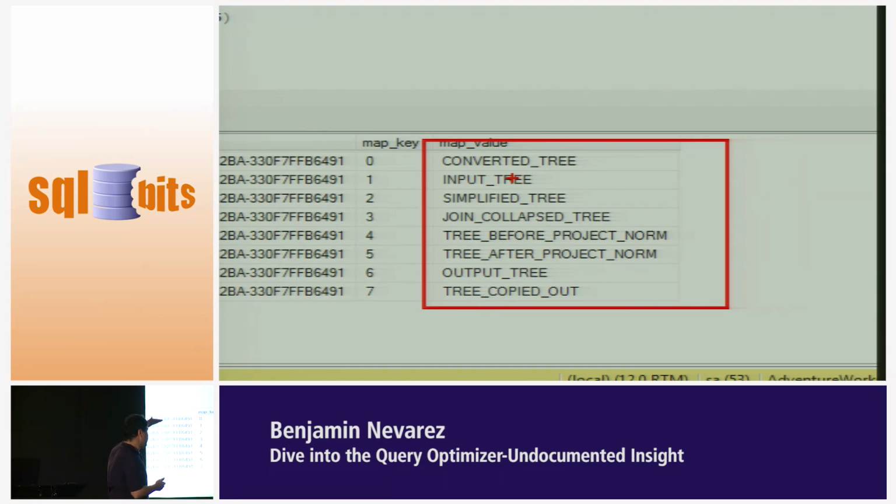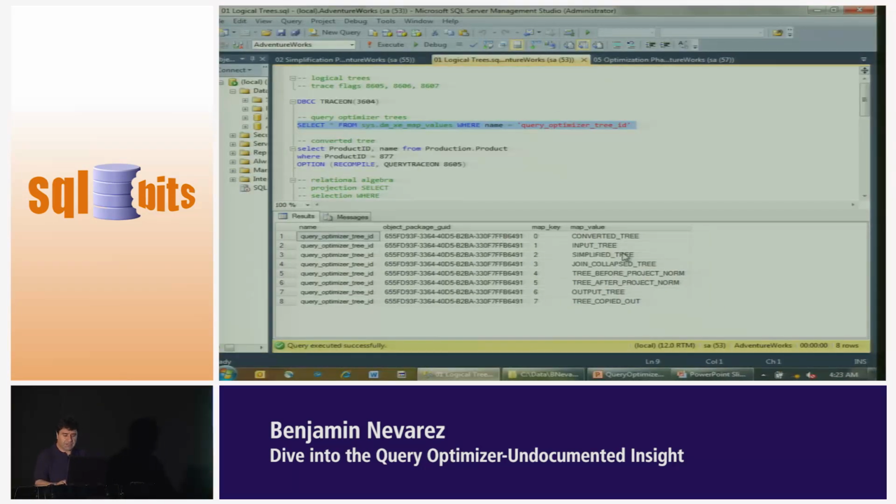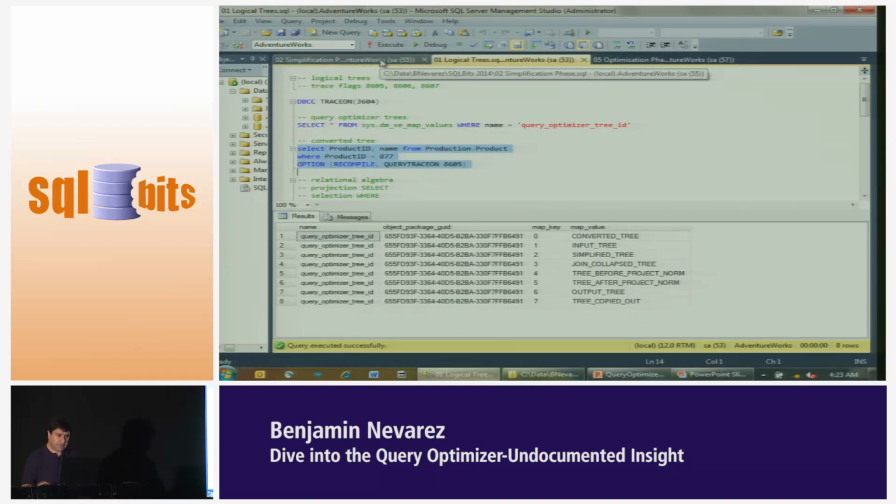There is one original tree, and then there are changes that I'm going to be showing in the process. And for some reason, this DMV shows that information. Okay, so I'm going to show something simple about how to use these trace flags.